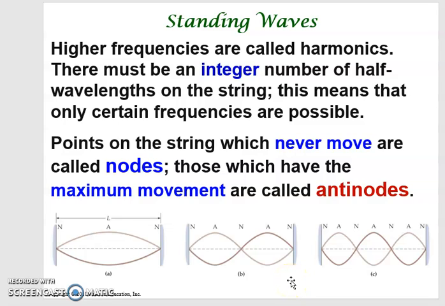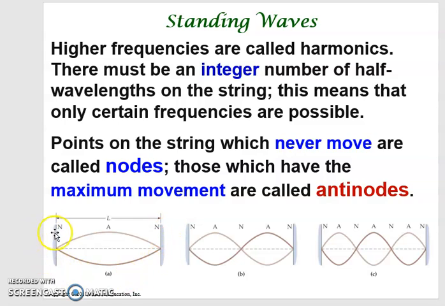Now you can see I have the notation capital N and A here. What do I mean by that? Capital N means the points on the string which never move. They are the so-called nodes. And those with the maximum movement are the so-called anti-nodes. Because these two ends are fixed, they are points that never move, so they are nodes.